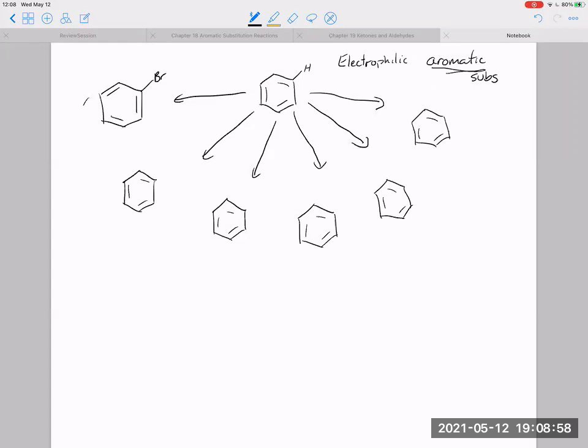All right, so they kind of fit into three nice little categories. The first one being a halogenation. So what's the other halogen that we know how to stick on a benzene ring? Chlorine. Chlorine, yep.